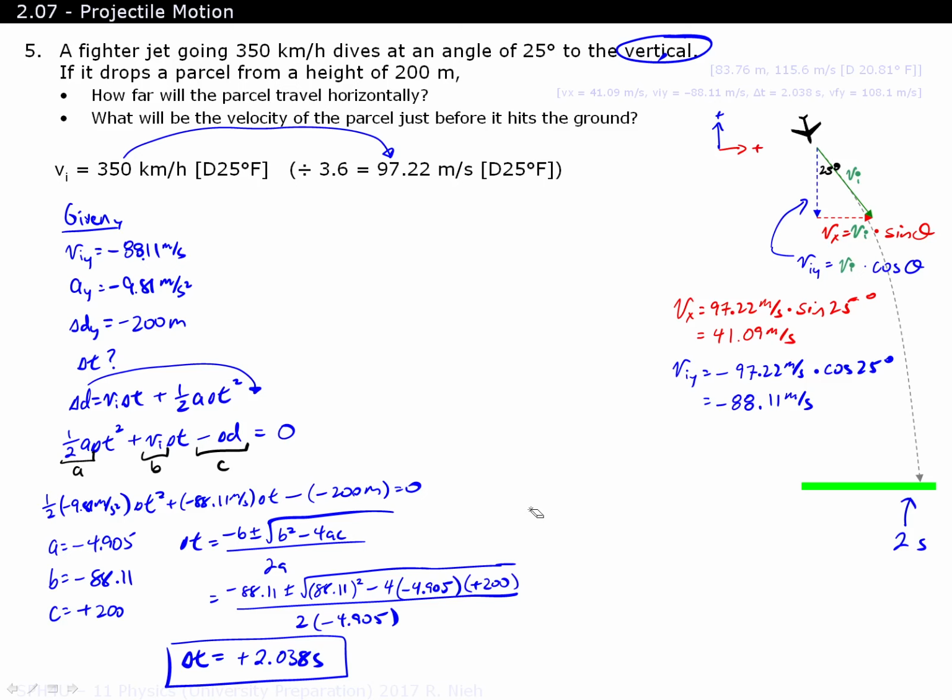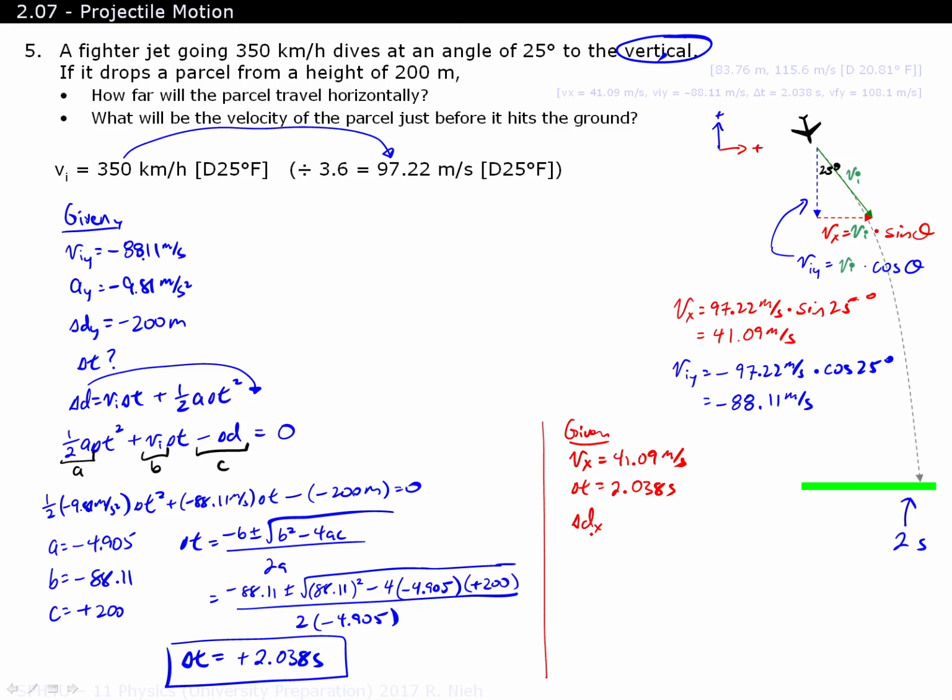Okay, lastly, since it takes 2 seconds for it to fall, that means that we have 2 seconds to travel across. So we'll finish off with our last set of givens. We know that our Vx is equal to 41.09 meters per second. The time that it takes for it to travel across is the same time as it takes to fall down, 2.038 seconds.